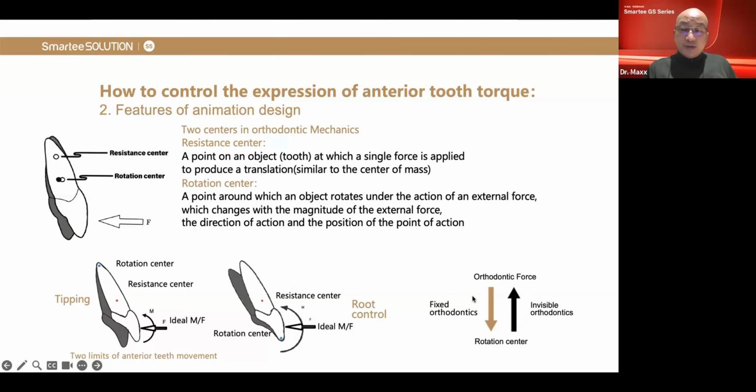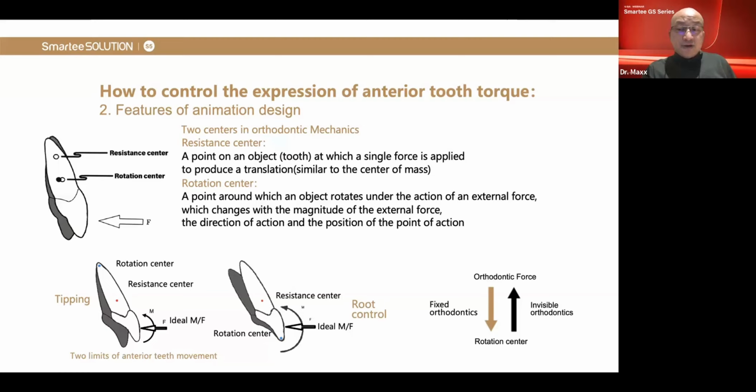Look at here. In the lower right side, they're different in orthodontic force and the rotation center. In fixed braces, we put orthodontic force, then we achieve the rotation center. But in invisible orthodontics, it's quite different.